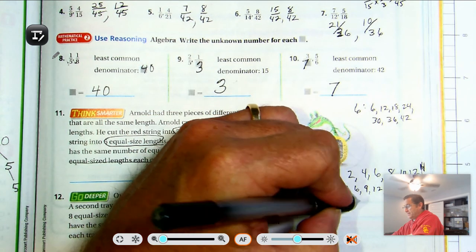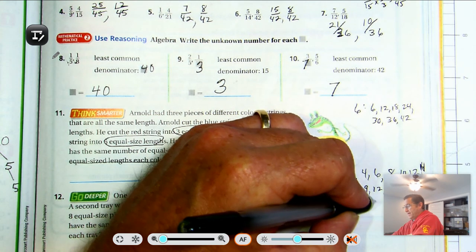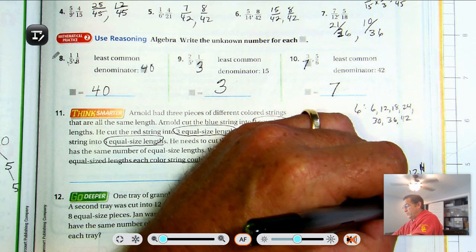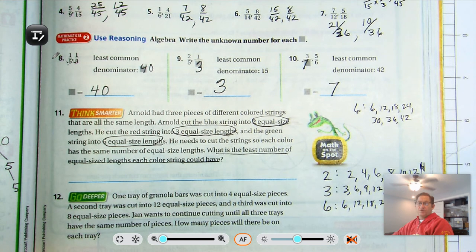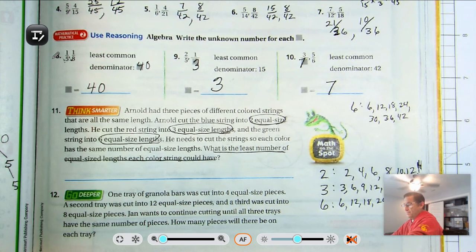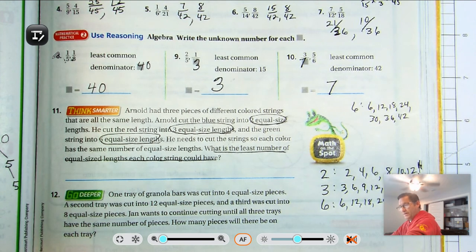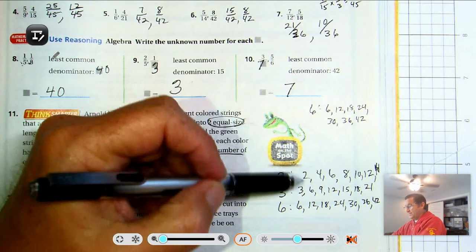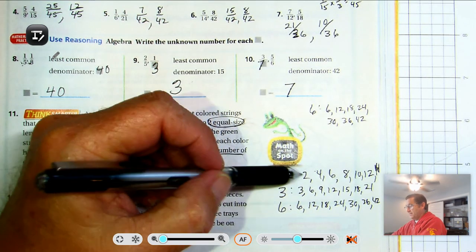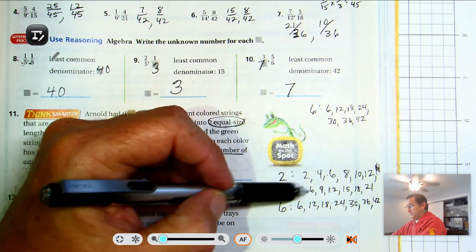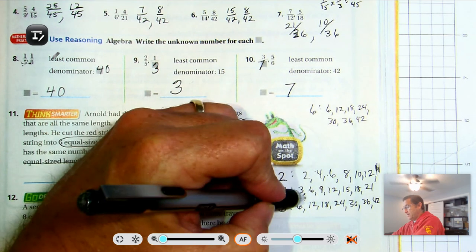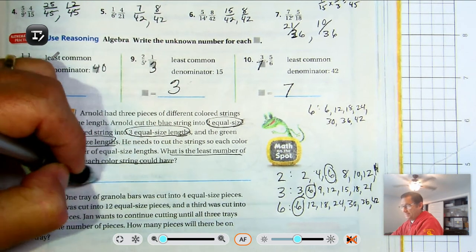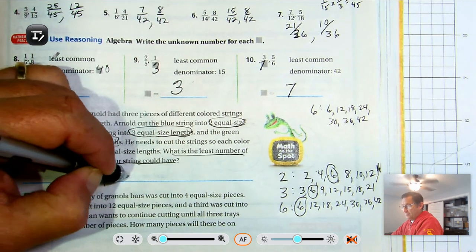And 6. 6, 12, 18, 24, 30, 36, 42. All right, so do we see a number? What's the smallest number in common to all 3 numbers? Well, 2 isn't, and 4 isn't. 6. 6 is there, and a 6 is there. So the least number would be 6 pieces.